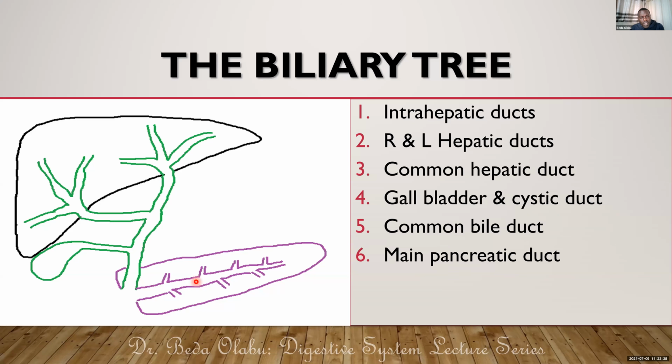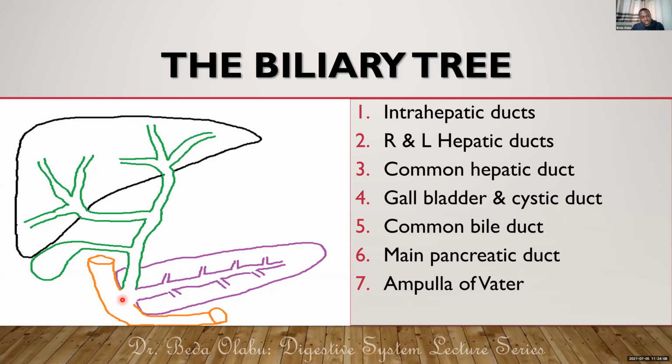Although they join, they don't in particular form another channel, not quite. They just open together. That point where they open together is known as the ampulla of Vater. It is in the duodenum. We also call it the major duodenal papilla.